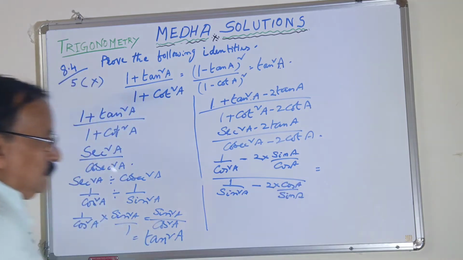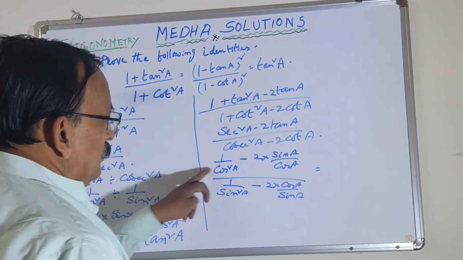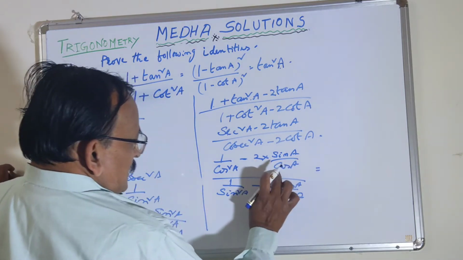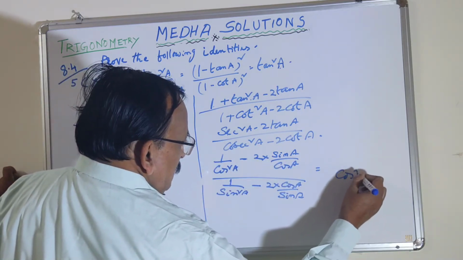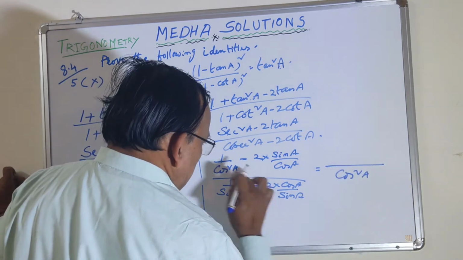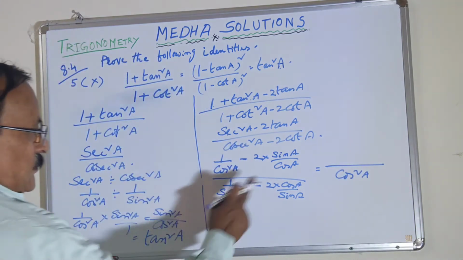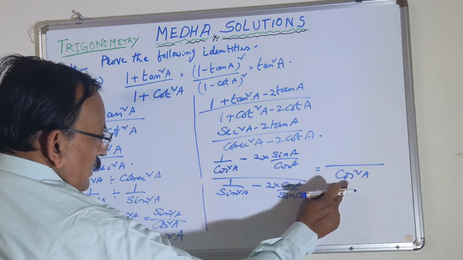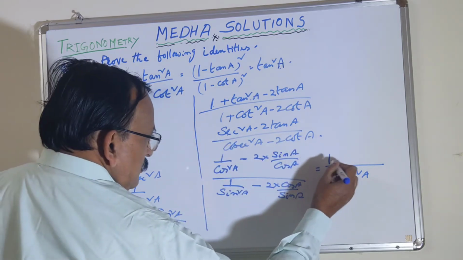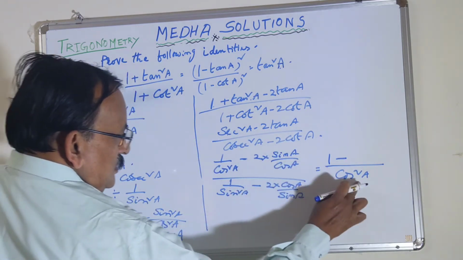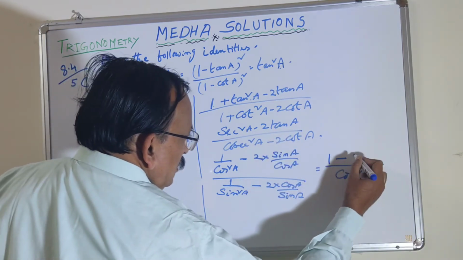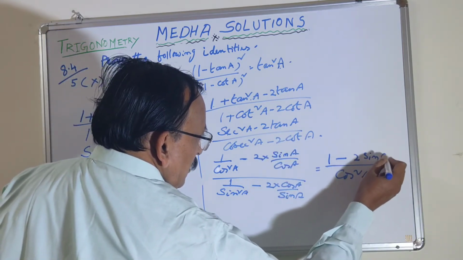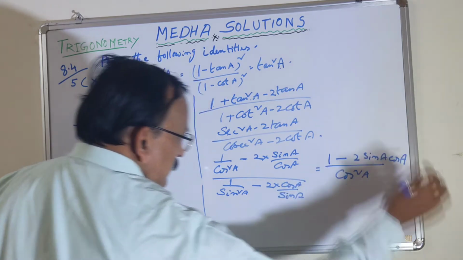That is equal to 1 by cos square A. Here take the LCM: cos square A is the LCM because of the highest power. Then cos square A common, and 1 is there, minus cos A times cos A goes, so cos A into 2 sin A, 2 sin A cos A. Understand?